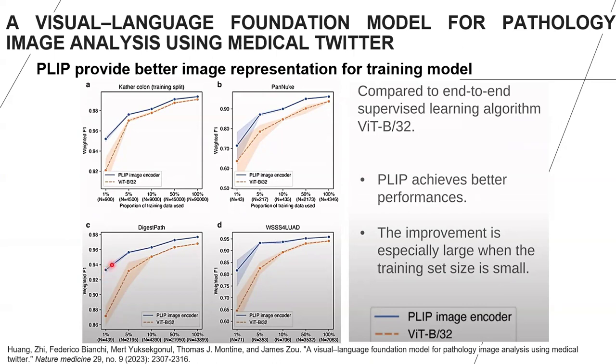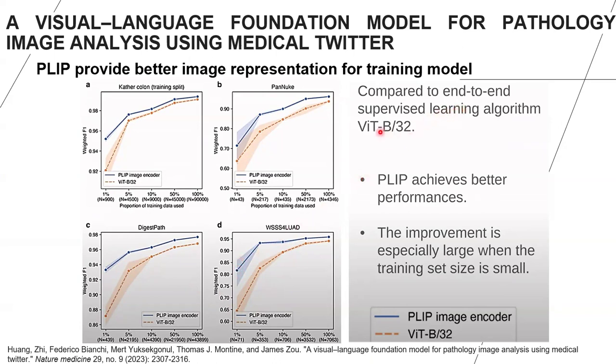So that is a huge performance gain we have seen so far. In this dataset, we have also obtained that vision transformer performed 65%, while the PLIP model performed 62%.